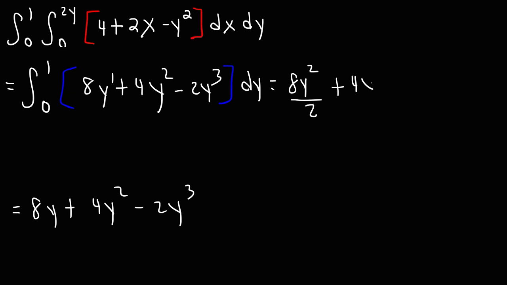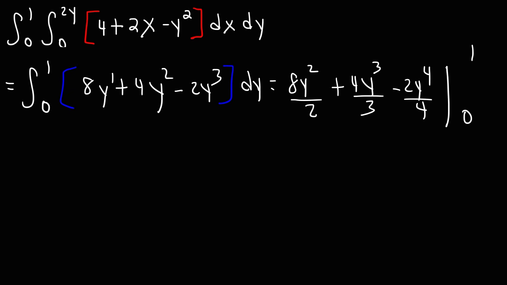And for y squared, that's going to be y to the third over 3. And for y to the third, it's y to the fourth over 4, evaluated from 0 to 1. Now let's simplify what we have. 8 divided by 4 is 2. And then we have 4 over 3 y to the third. And 2 over 4 can be reduced to 1 over 2.